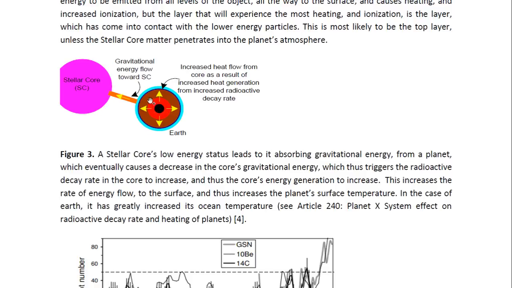Thus, all layers of the Earth will heat up, but the layer that is most likely to heat up the most is the layer where the contact is being made. So this region over here, and this is also the region where the greatest amount of ionization will occur.